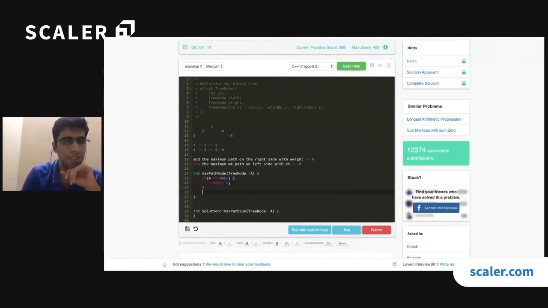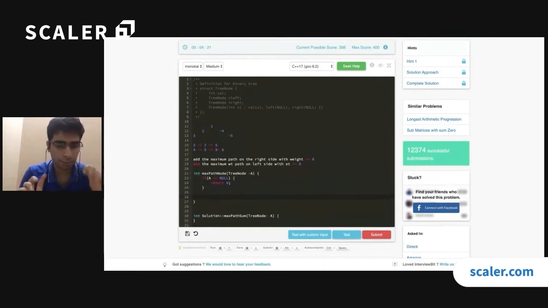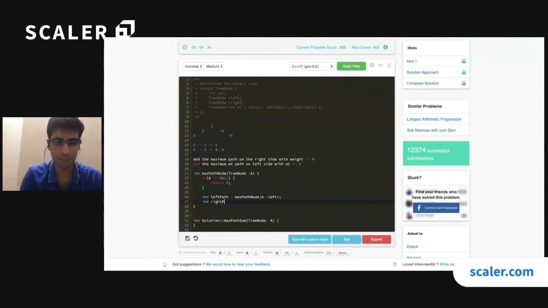Else, first I will try to find the maximum path on the left hand side, which will be equal to max path node on a left. Similarly, I will find the right path, which will be equal to max path node on a right. We will always try to have the paths with a weight greater than or equal to 0, right?